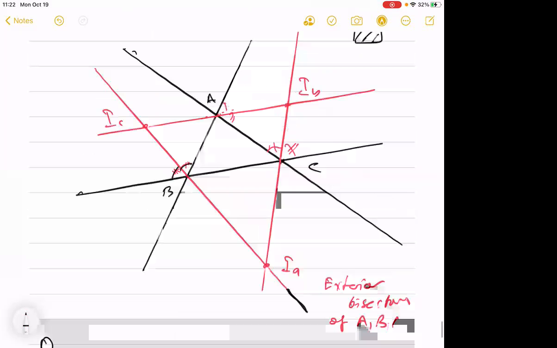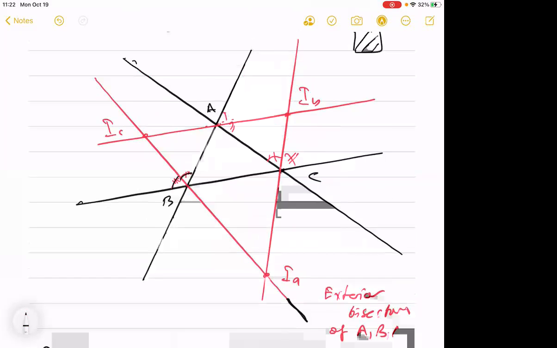So namely, if you consider only this line and that line, since IC is an angle bisector, if you take any point here, its distance to that line and to this line is the same. And if you take a point here, its distance to BC and AB are the same, because it's an angle bisector.